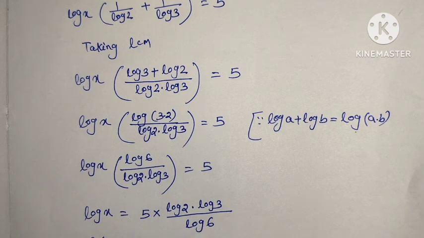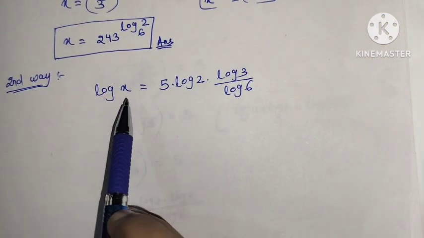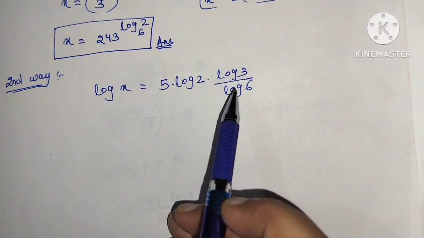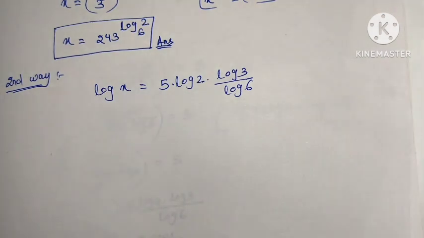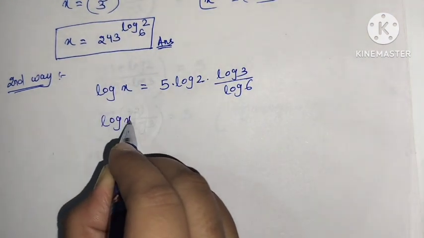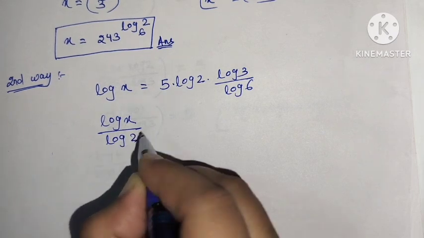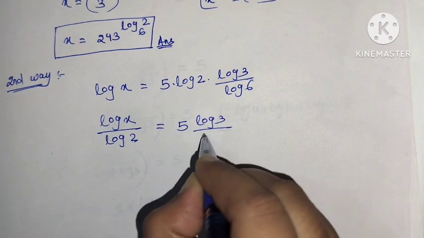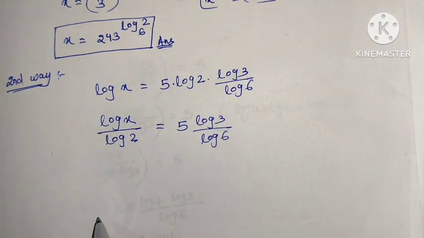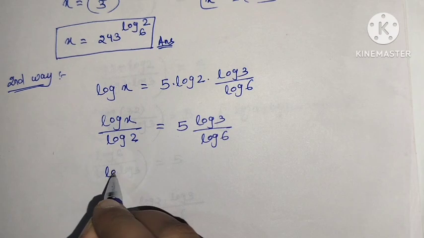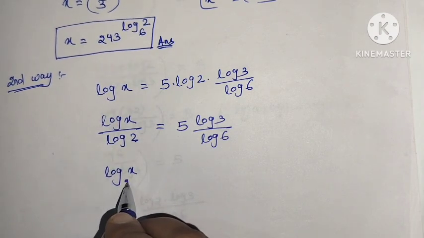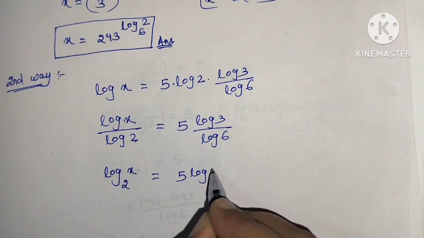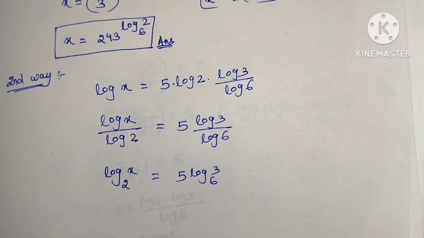Then log x by log 2 is equal to 5 into log 3 by log 6. Same thing here: log x base 2 is equal to 5 log 3 base 6.